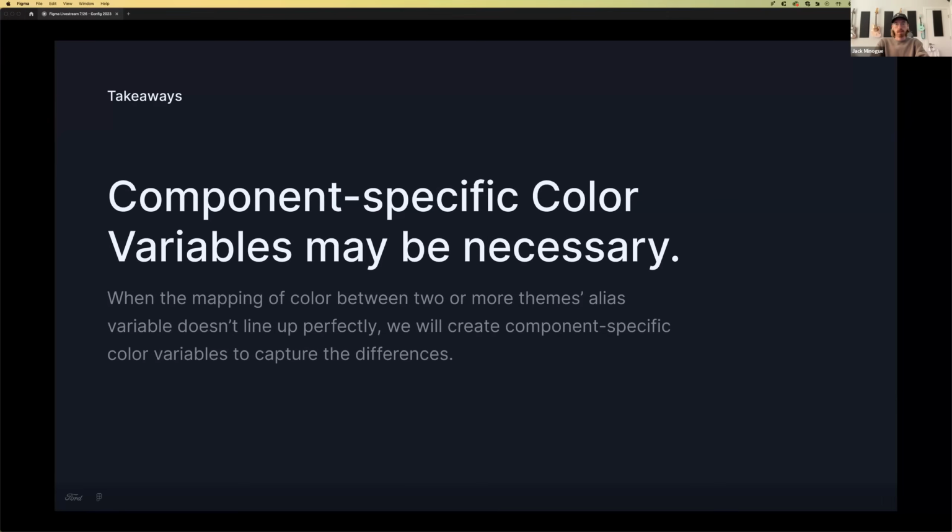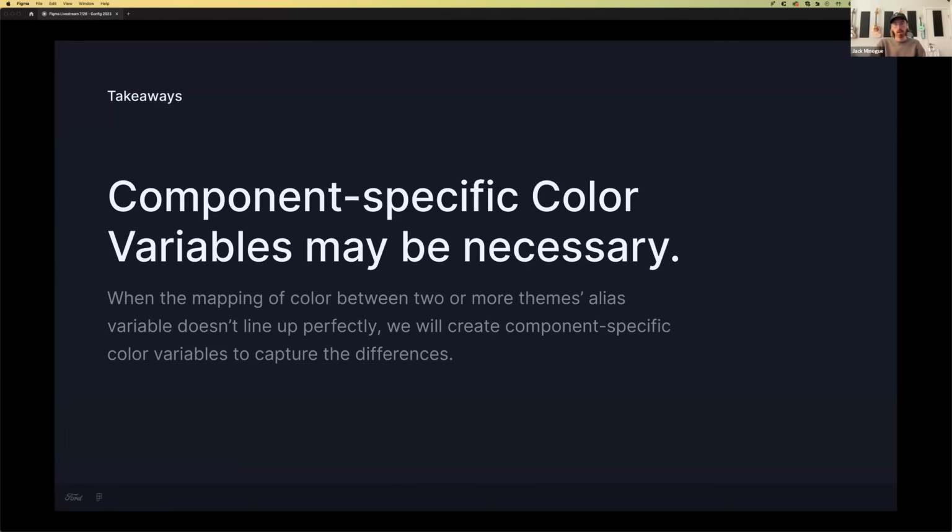Next, alias color variables gave us a great start in terms of supporting multiple brands within our design system, but sometimes the mapping of color does not line up perfectly across brands in terms of its application to components. So sometimes, in these instances, we will plan to create component-specific color variables to capture those differences.